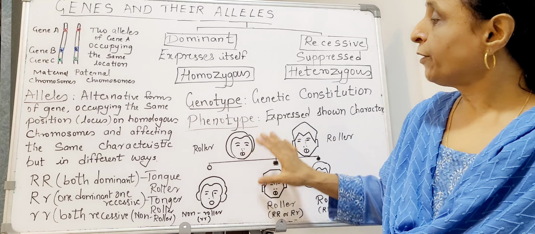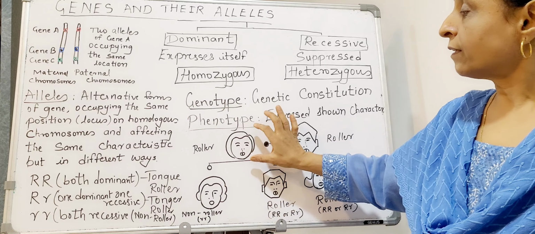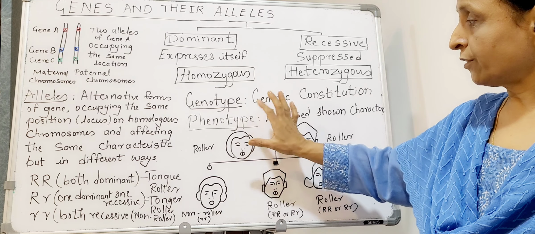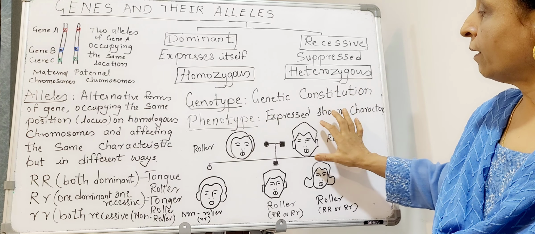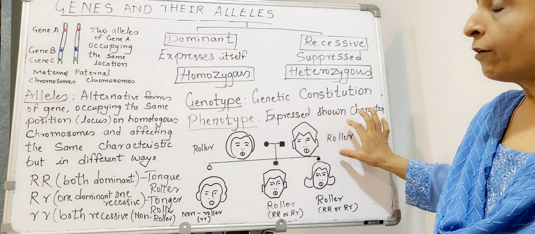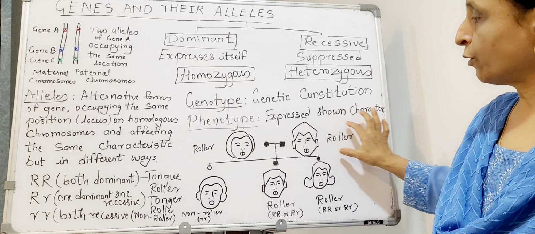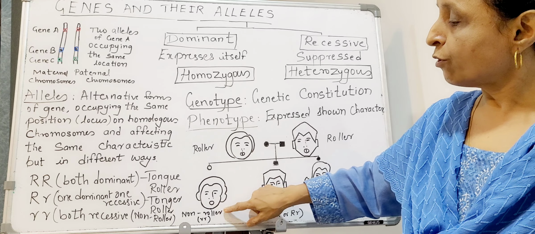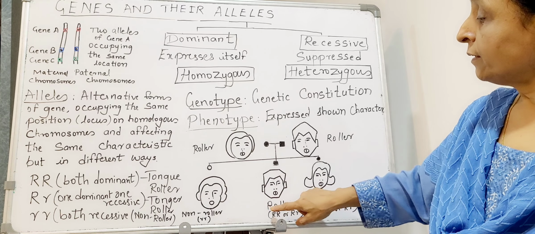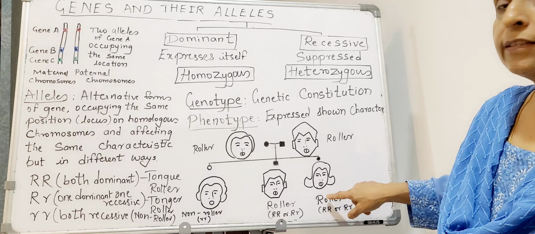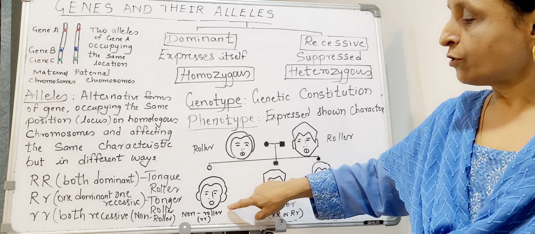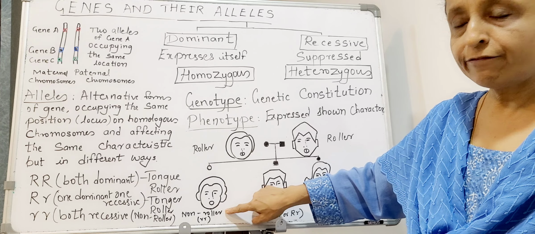Now here you can see this lady is a roller, she can roll the tongue. The man can also roll the tongue. But the progeny: this is non-roller, and this is roller and this is roller. So two are rollers and this one is a non-roller with recessive genes.